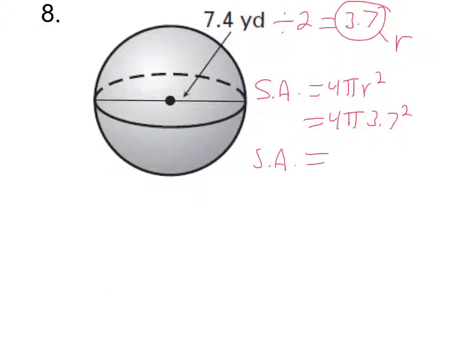And so my exact answer is 54.76 pi. I have not had to round at all, and that would be square yards. That's how many square units would fit on the outside of this sphere. Now, if you do actually multiply that by pi and round, you get 172.03 square yards.